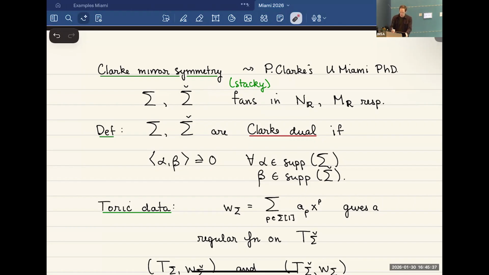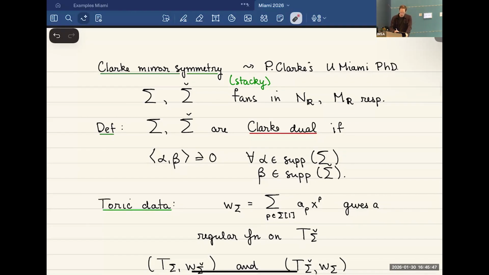So I'm going to take two different fans in the lattices N_R and M_R, respectively. And I'll say that these two fans are Clarke dual if this relationship holds. It's a very simple relationship. It's just saying that if I pair things in the support of one fan with the other, I get a positive number or a non-negative number.